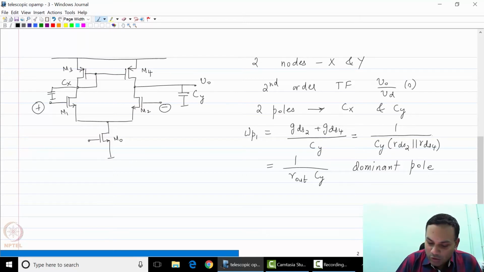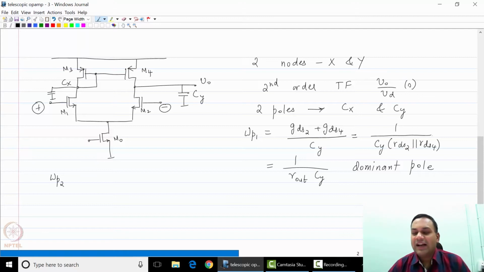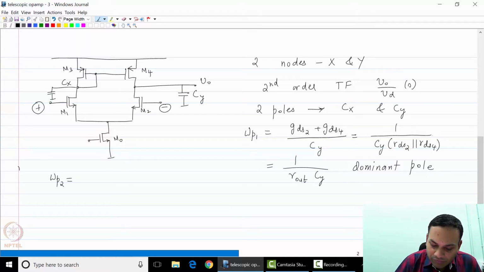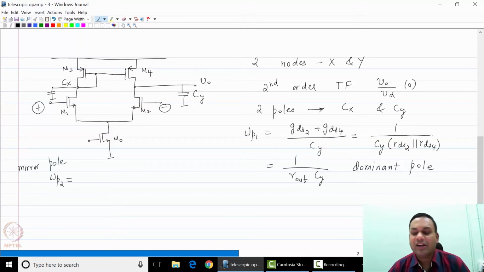Apart from this, you also had a second pole which was called the mirror pole, because it came from the current mirror consisting of M3 and M4. This was given by GM3 over Cx, because 1 over GM3 was the impedance at node X, and the total capacitance at node X was Cx.